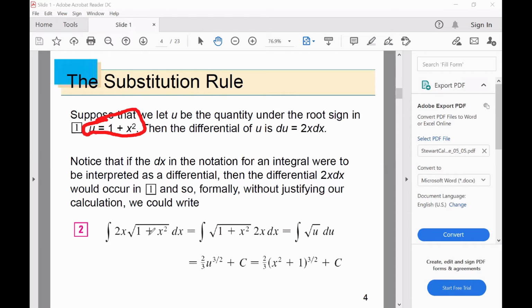When I assume u equals 1 plus x squared, be careful, du equals the derivative of 1 plus x squared. The derivative of 1 plus x squared is equal to 2x dx. Then du is equal to 2x dx. Is it clear?